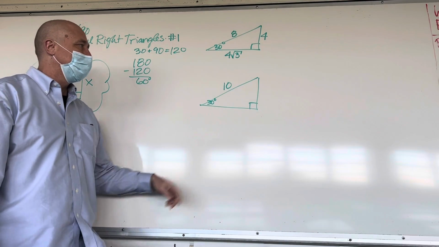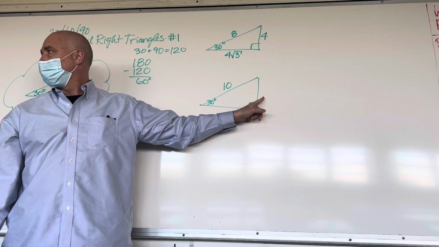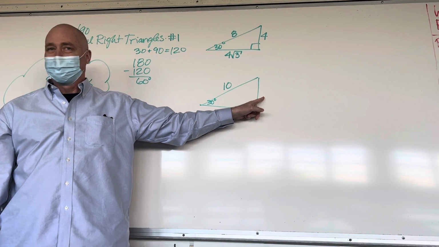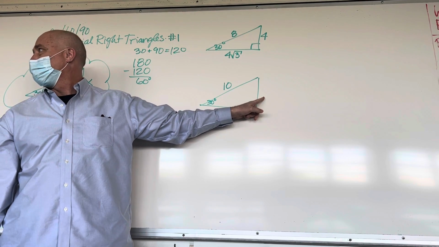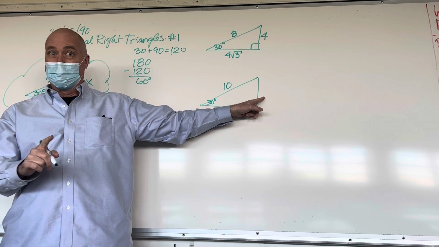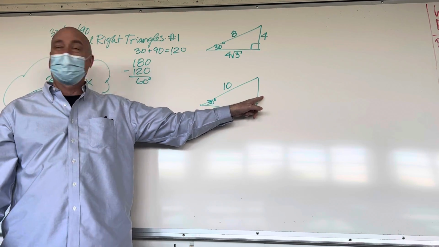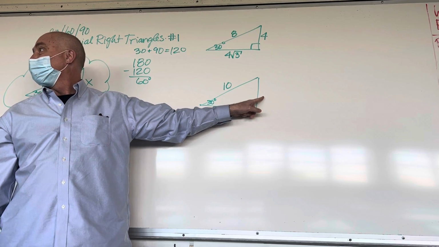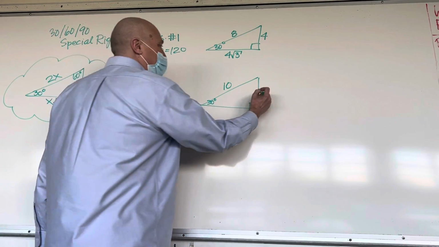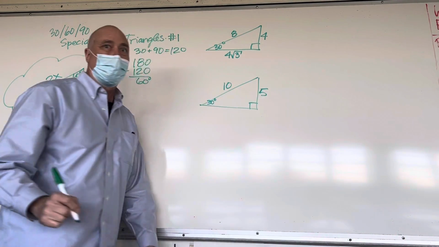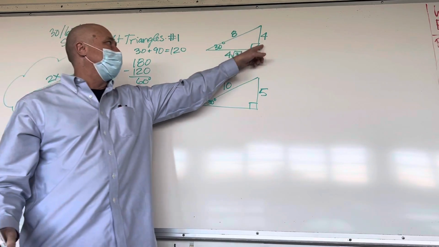How long is this side over here? 5. Are you guys with me? Yes, but hang on. How long is this side over here? And if you're saying 5, I appreciate that. That's right. So here we went forward, right?